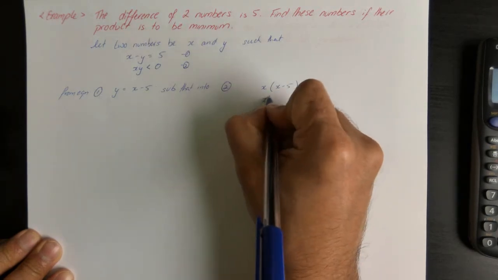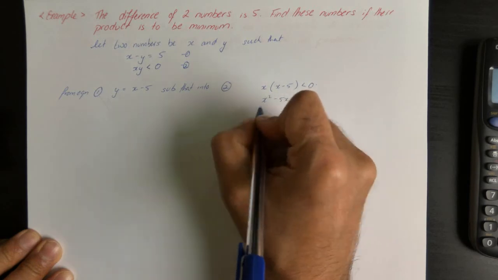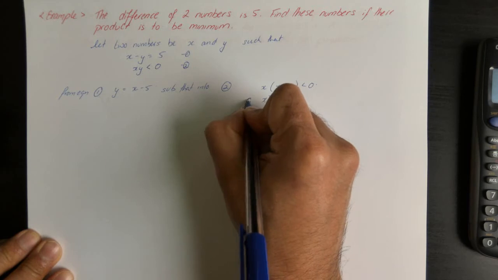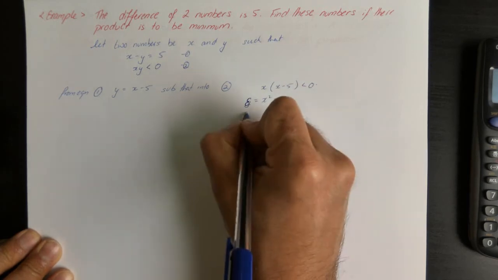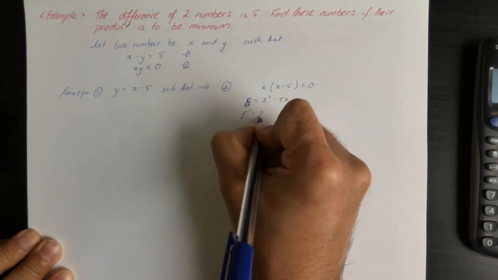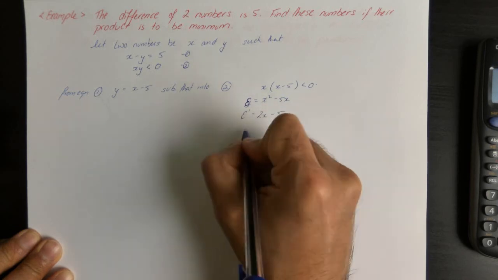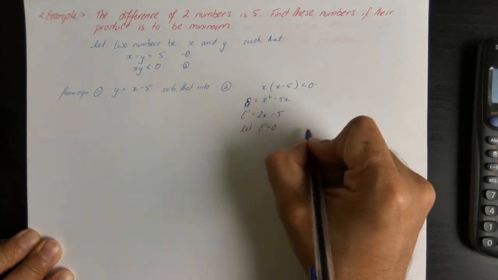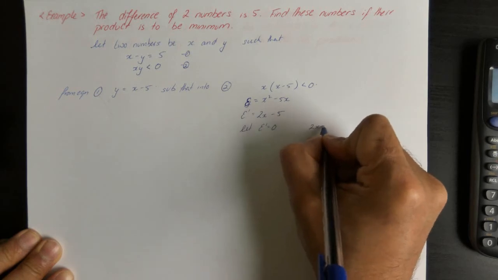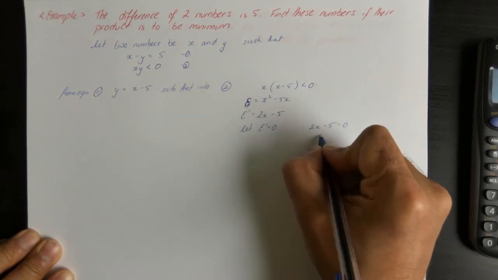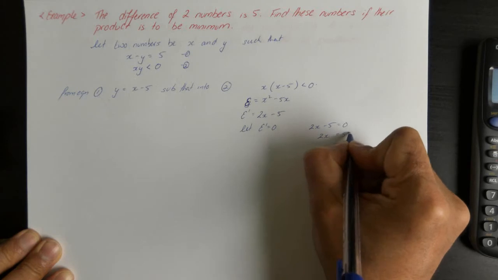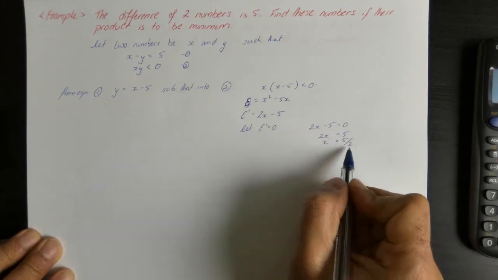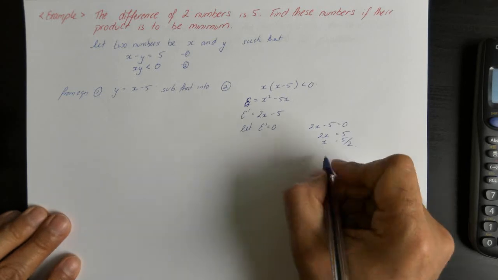So x squared minus 5x. Alright, if I differentiate that, I get 2x minus 5. If I let that equal to 0, I get the first number of 5 on 2, or 2.5.